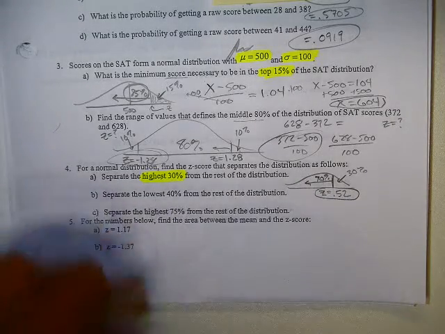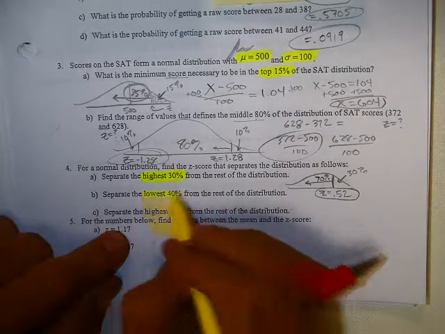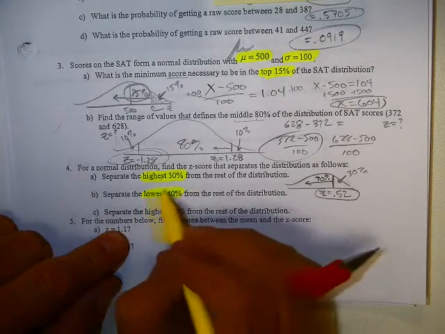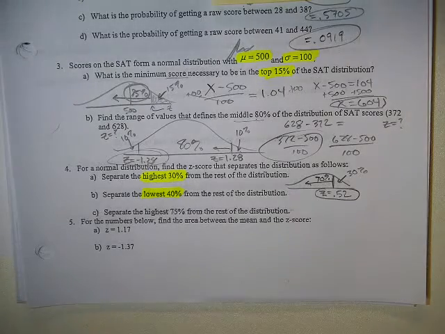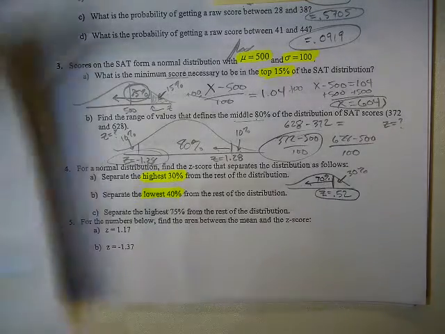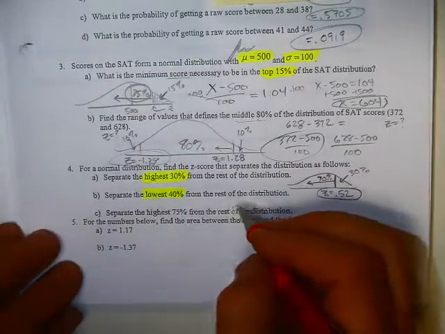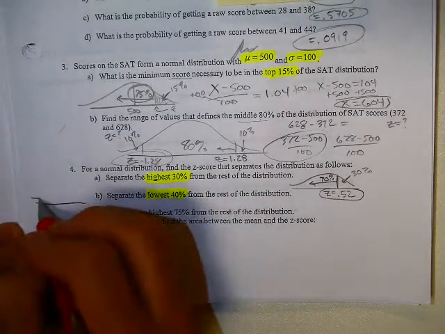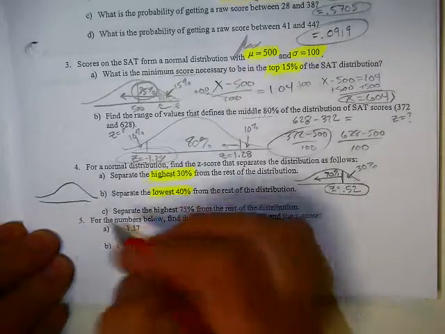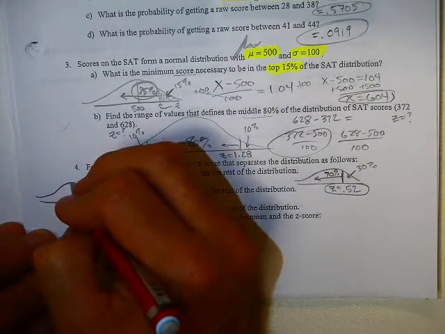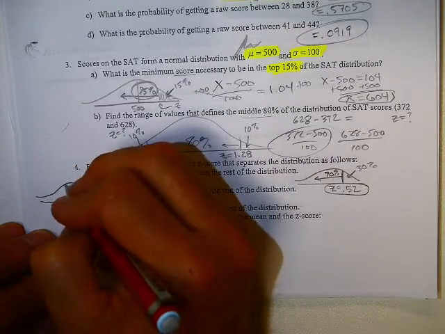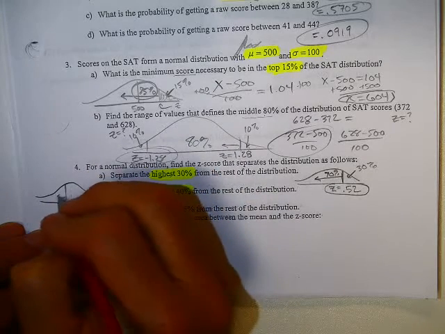4b is saying the lowest 40%. Well, the table's really good at that because that's how the table works. It's always looking for the less than value. So this one I don't really need to draw probably, but if I did, it would look like this. That is really a terrible looking curve. If this is the mean, the lower 40% is probably something like this.